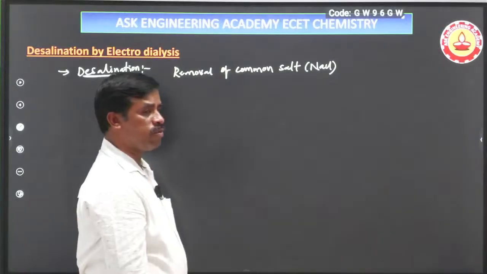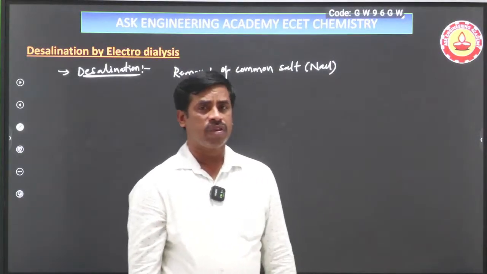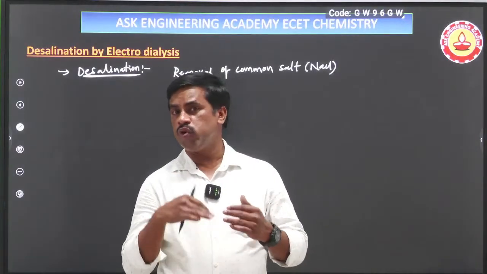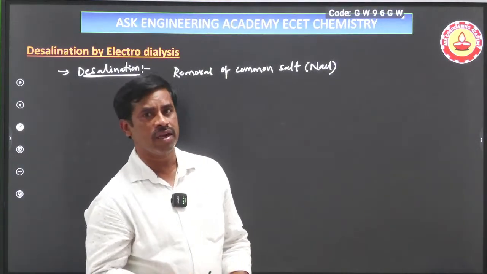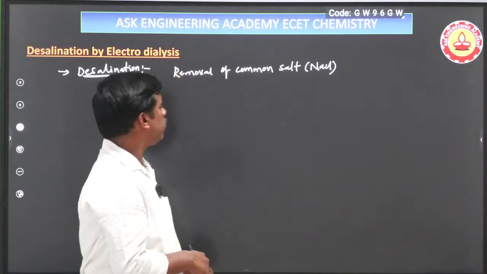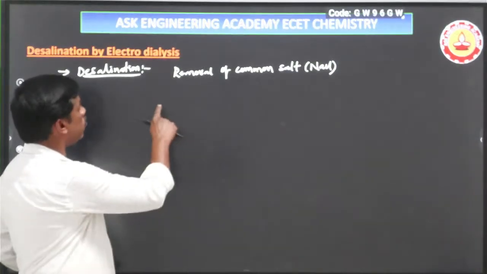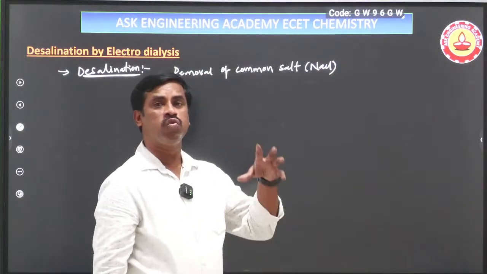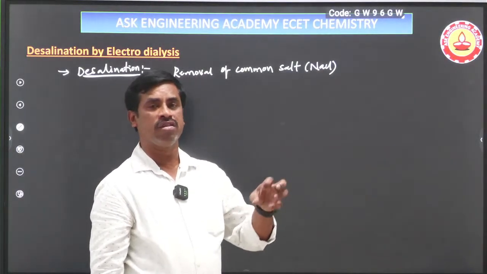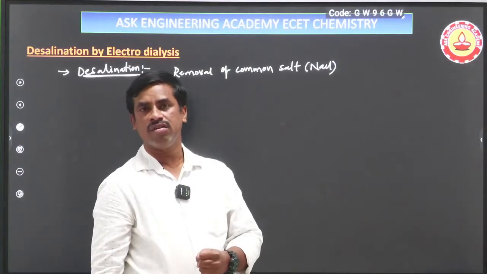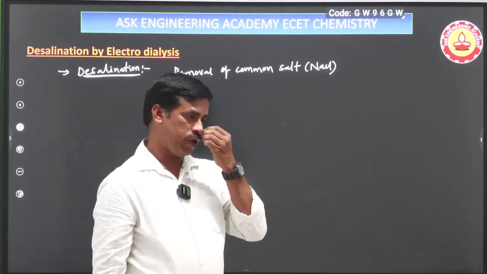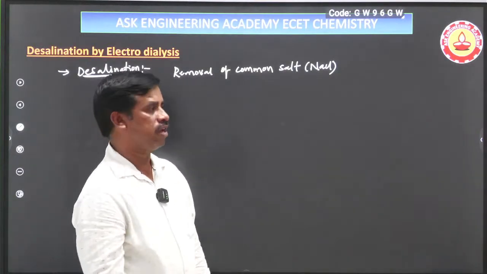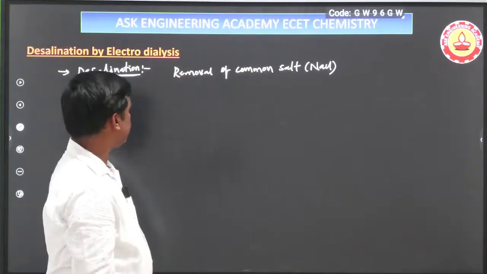Whenever a compound dissociates, it produces cations and anions. Removal of common salt in this method means the salt concentration is reduced by using cation and anion exchange resins.